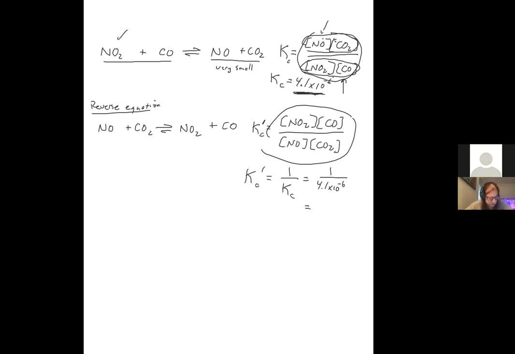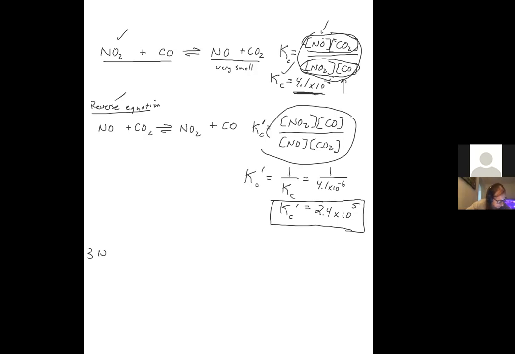It's going to be 2.4 times 10 to the 5. Okay, Kc prime, the Kc value for the reverse reaction. So you don't have to go through writing an expression every time. You can just notice, oh yeah, this is the reversed equation. So all I got to do is take 1 over the K that was given, and that will give me my new one.